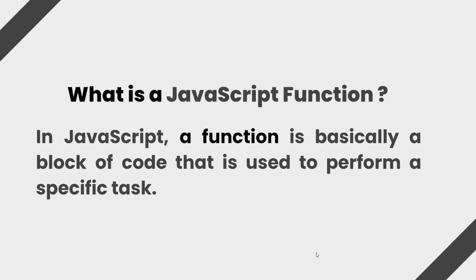But what makes the function look unique is the way you would order it, the syntax and the structure that you put in place to perform this task with your block of code. That's what makes the function different. But by definition, the function is just basically a block of code that is used to perform a specific task. So that's how it goes with JavaScript functions.